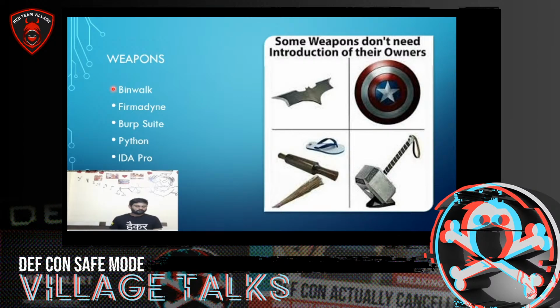The first and most important weapon for our IoT pen testing is binwalk. Binwalk is a great tool written by Mr. Craig Heffner, known as devttys0. It is one of the greatest tools we need to perform firmware analysis.